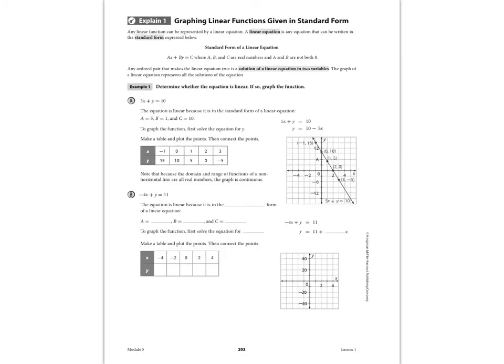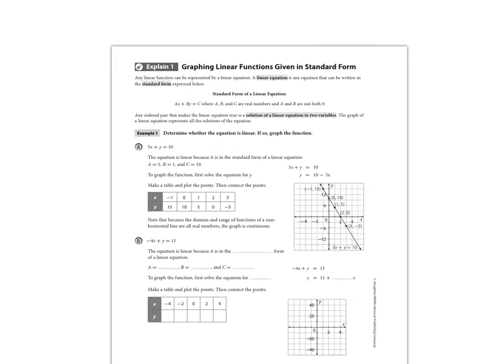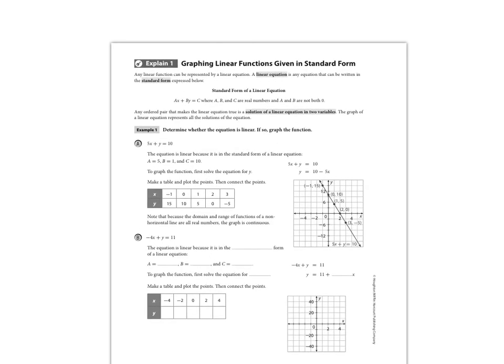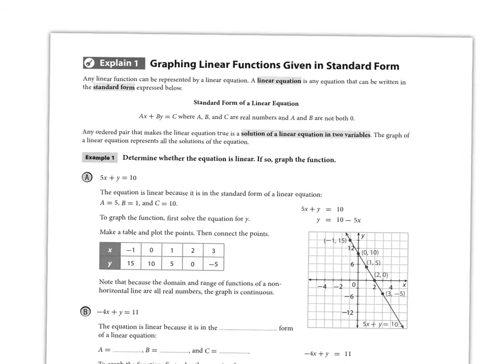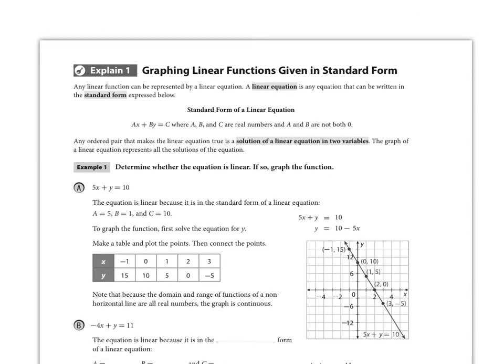Our first vocab that we come across after the first page is this thing called standard form. So a linear equation is any equation that can be written in the standard form expressed below. So standard form is this thing right here, ax plus by equals c. So a, b, and c represent numbers. a, b, and c can be any real number.